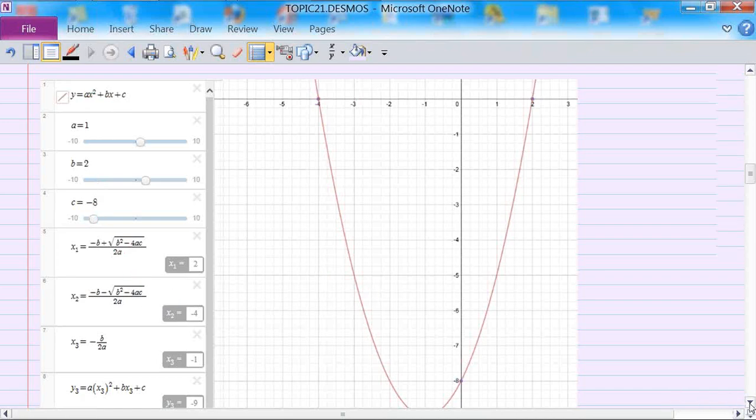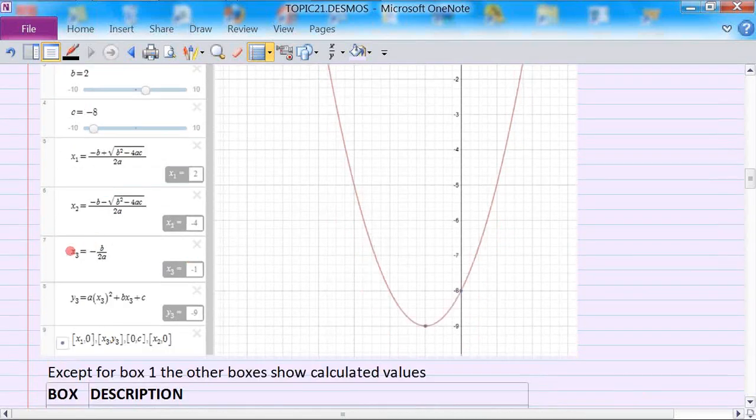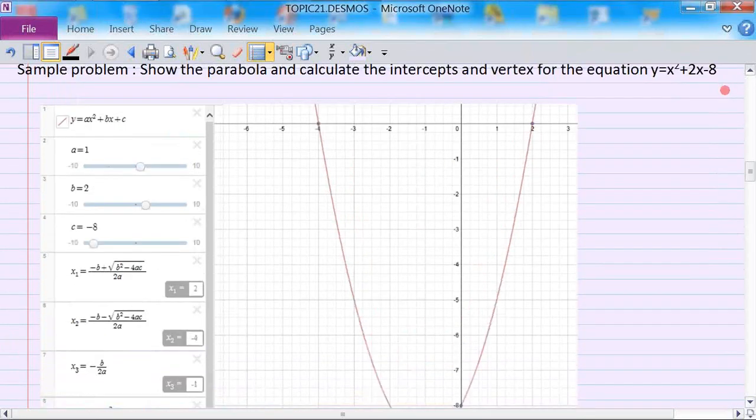Now, the next thing I do is calculate the axis of symmetry, which is minus b over 2a. So the axis of symmetry is right here, x equal to minus 1. Let me move it up a little bit here so you can see it.